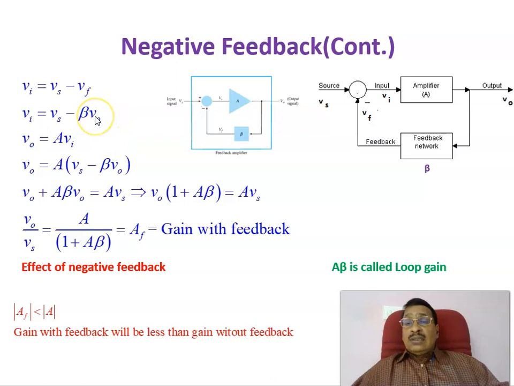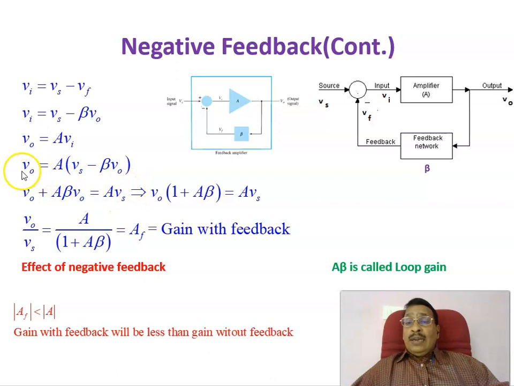Substituting for Vi in this equation, V0 equals A times Vi, where Vi equals Vs minus beta V0. Therefore, V0 equals A times Vs minus A beta V0.